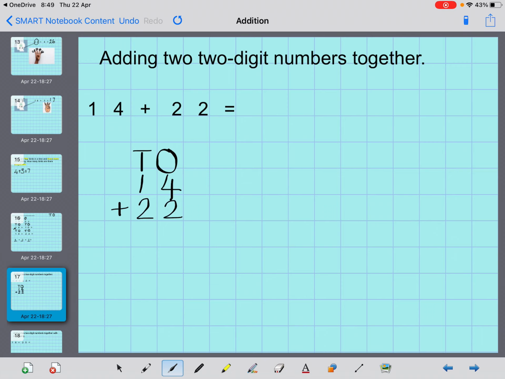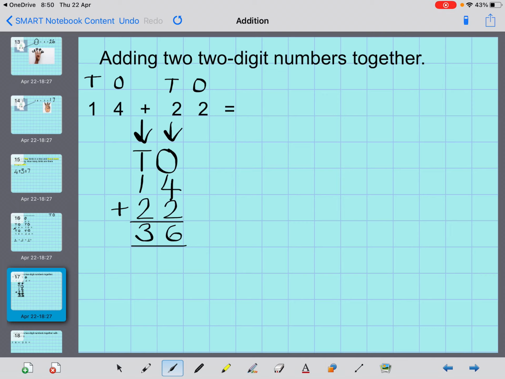You can see I've lined up my ones from both of my numbers in the ones column and my tens from both of my numbers in my tens column. I always start by adding the smallest unit or digits first, so I always add my ones column here. 4 add 2 is 6 and 1 add 2 is 3.